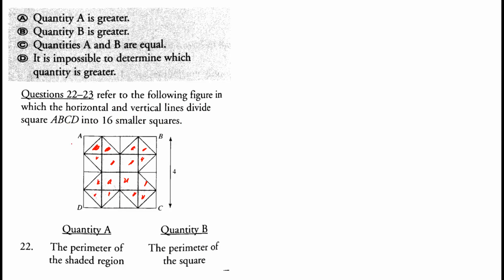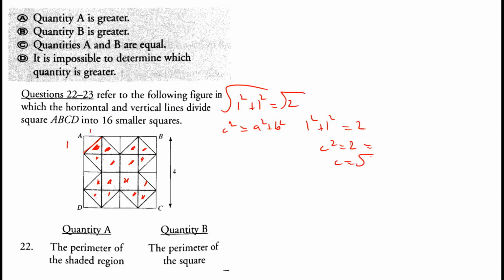So let's suppose each side is 1. So this diagonal would be 1 square plus 1 square equals 2, or obviously under root 2. So each diagonal is under root 2. Why? Because c square equals a square plus b square. Again, 1 square plus 1 square is 2, c square equals 2, and c would be equal to under root 2.